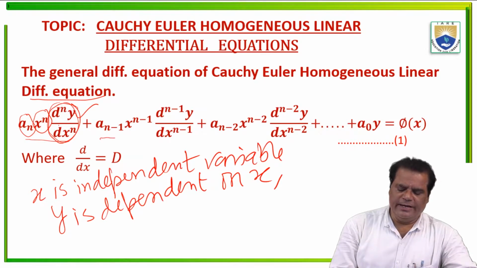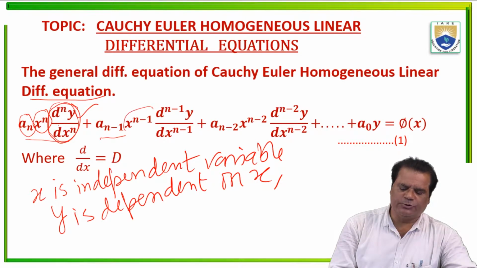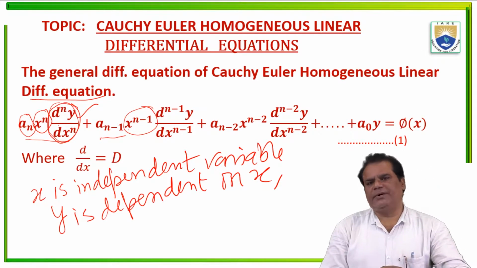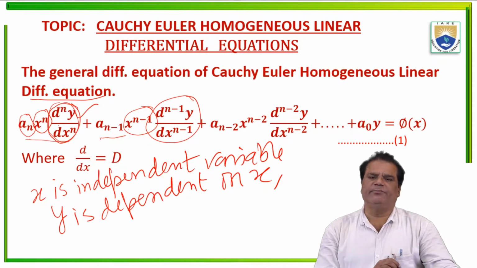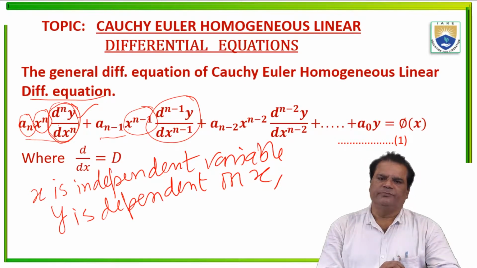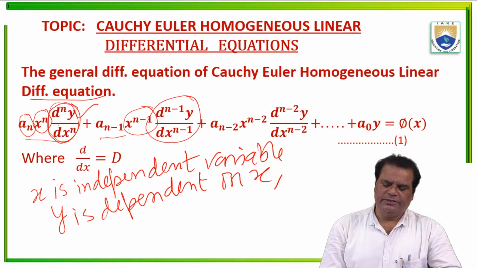Similarly, a_{n-1} is some constant, and here x to the power n minus 1, where n minus 1 is the power of the independent variable and also the order of the derivative. This property is verified in each term. Next, x to the power n minus 2 multiplied with the derivative of order n minus 2.